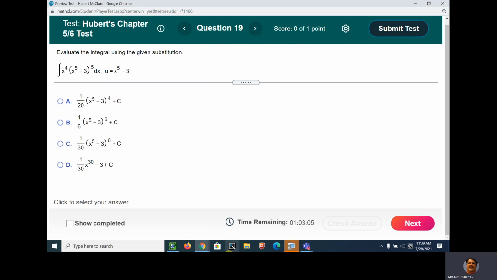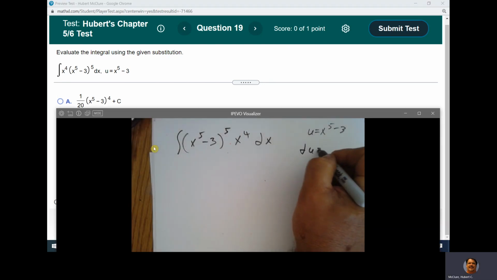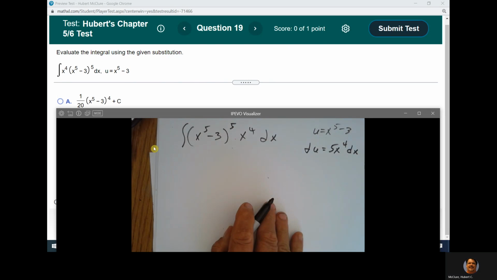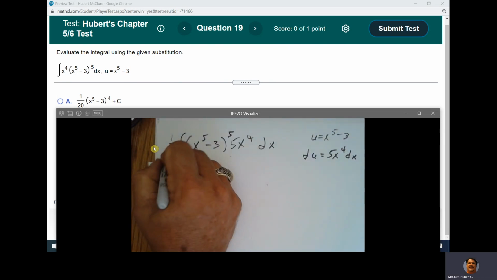Antiderivative of x to the 5th minus 3 to the 5th power, x to the 4th dx. u is equal to x to the 5th minus 3. What am I doing? Oh. So du is equal to 5x to the 4th dx. So I said 4, that's why. So you want to put a 5 here and a 1/5 here.